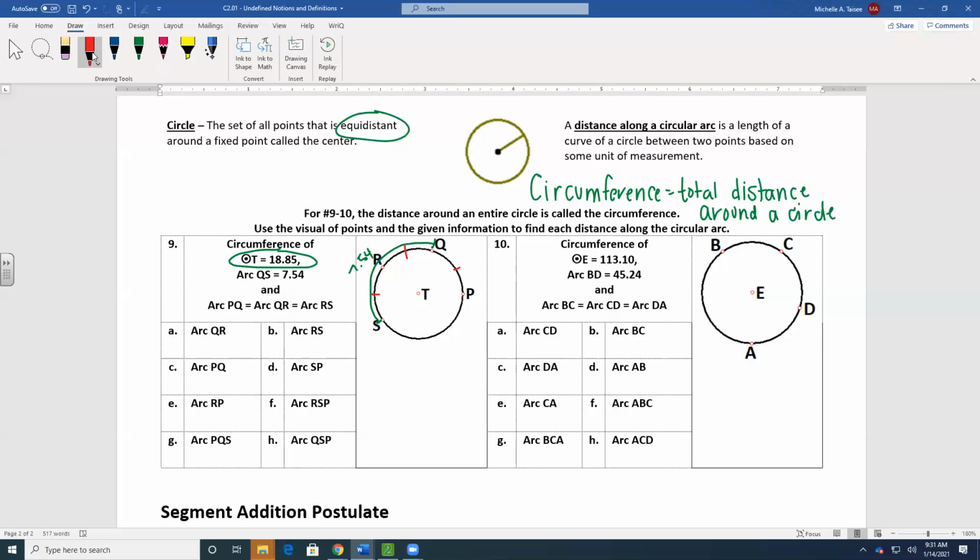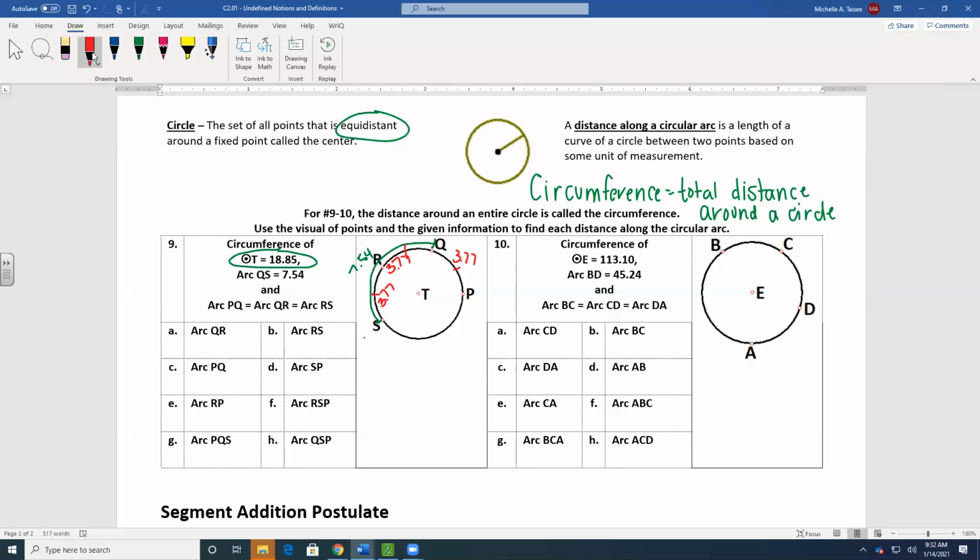So if Q to S is 7.54, and R is essentially the midpoint, how long is it from Q to R? 3.77. And then from R to S is going to be 3.77. And then how long is it from Q to P? Also 3.77.